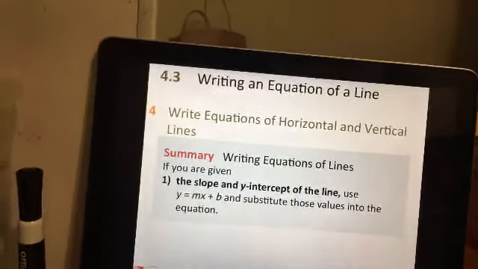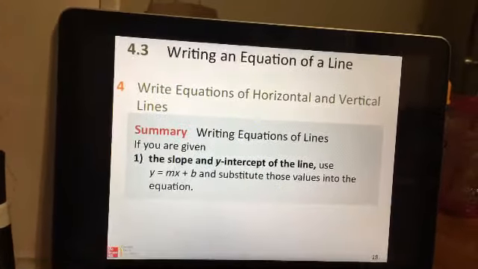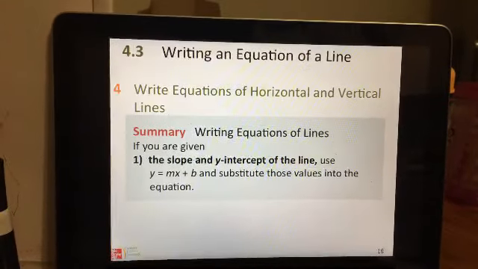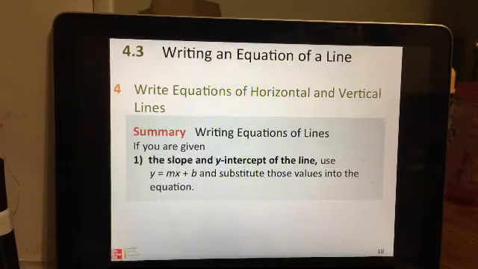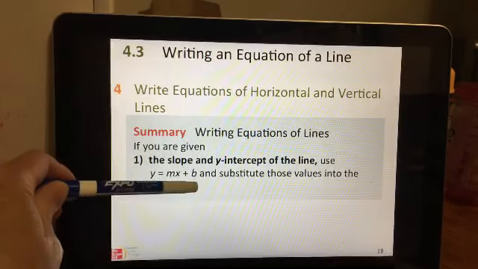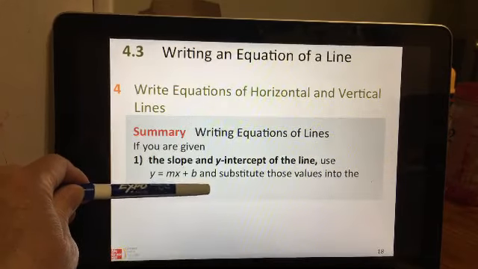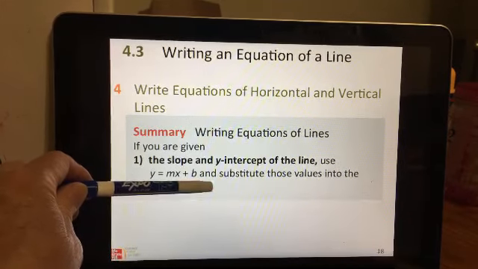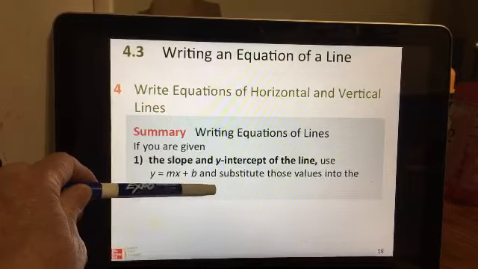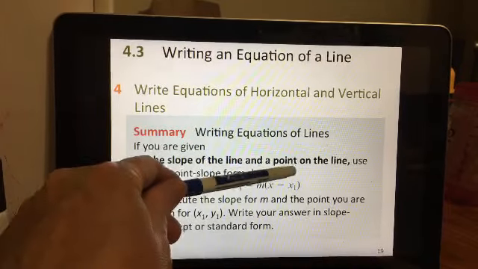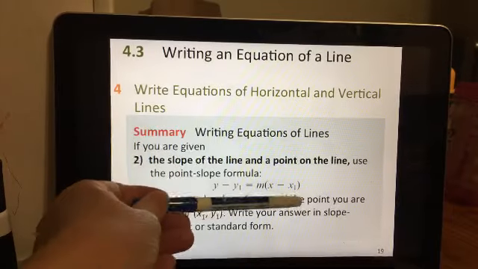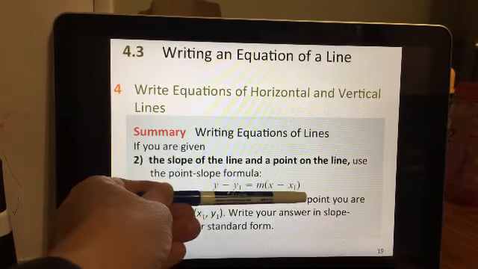Now this is a summary of all of the different types of scenarios that you could be given. This one is the first one. Again, the slope and the intercept are given to you, so you will use the slope-intercept form of the line. When we have a slope and a single point, we will use the point-slope form of the line.